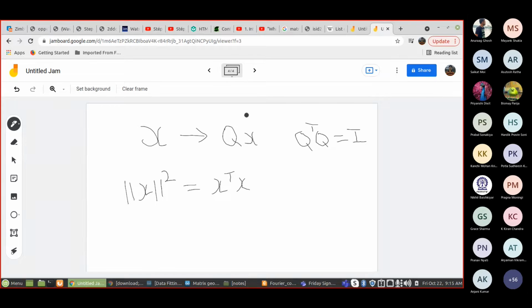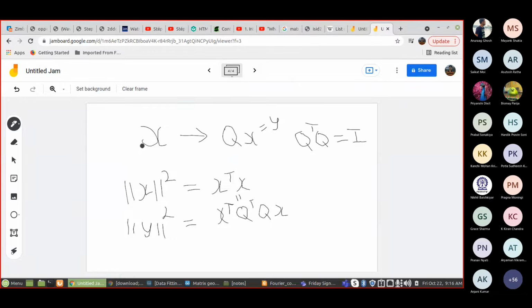If I call this y, then norm of y squared is y transpose y, which is the same as x transpose Q transpose Q x. Since Q transpose Q is identity, these two are the same.